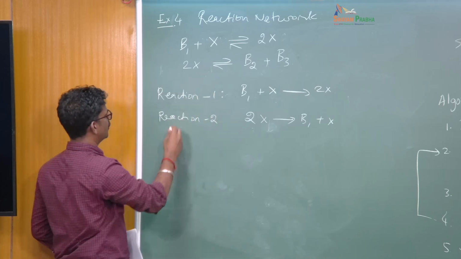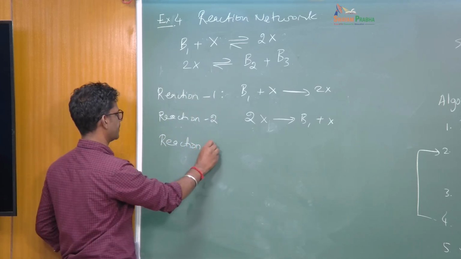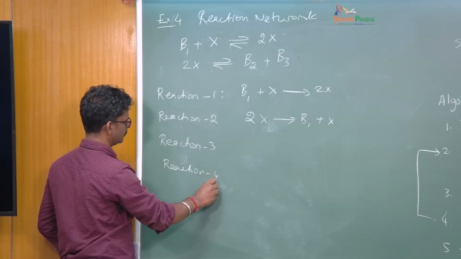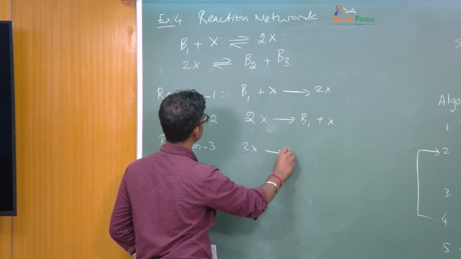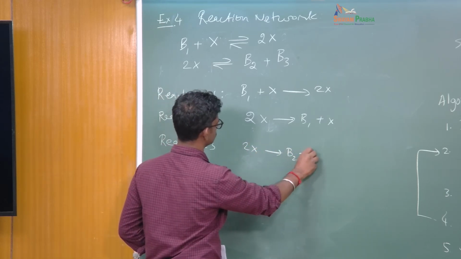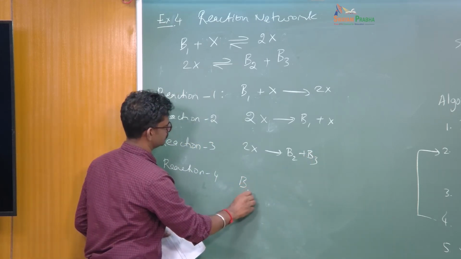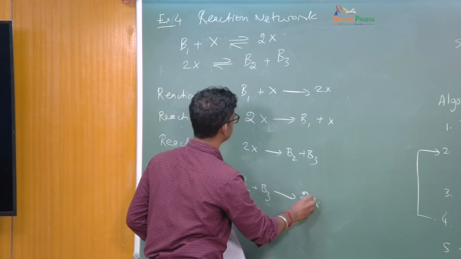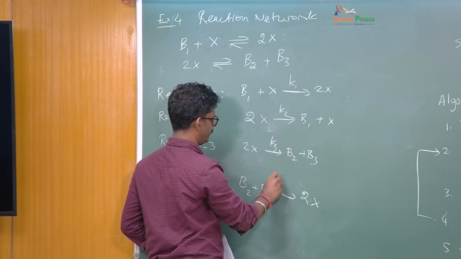And similarly, we can decompose the other into reaction 3 and 4, with rate constants K1, K2, K3 and K4, etc.